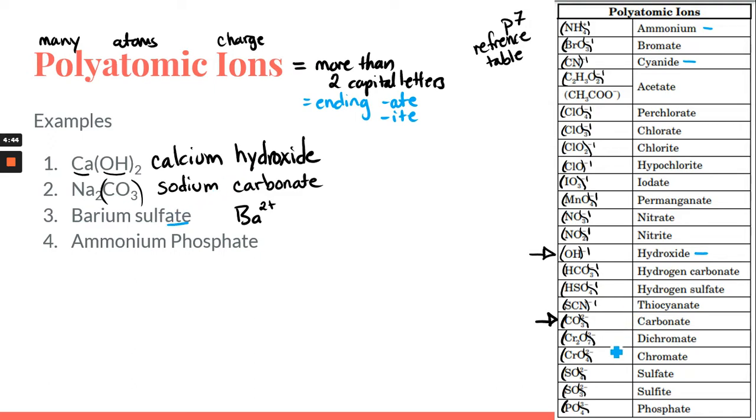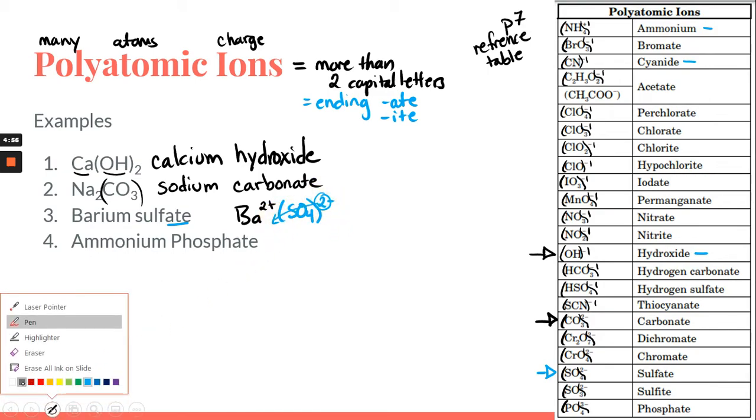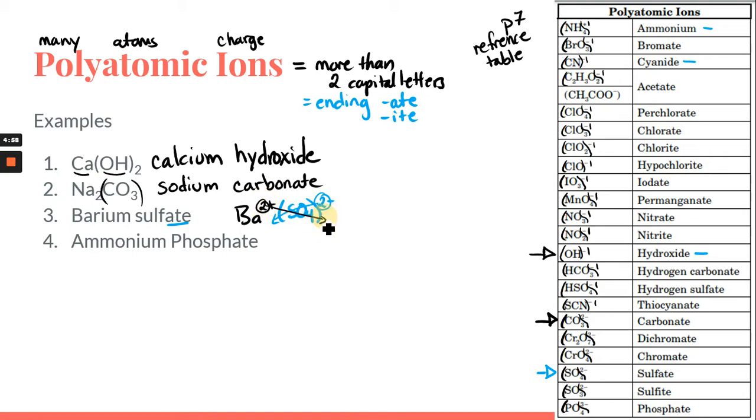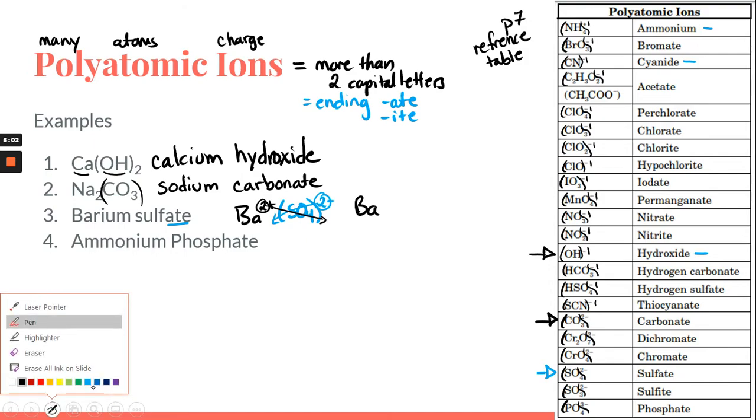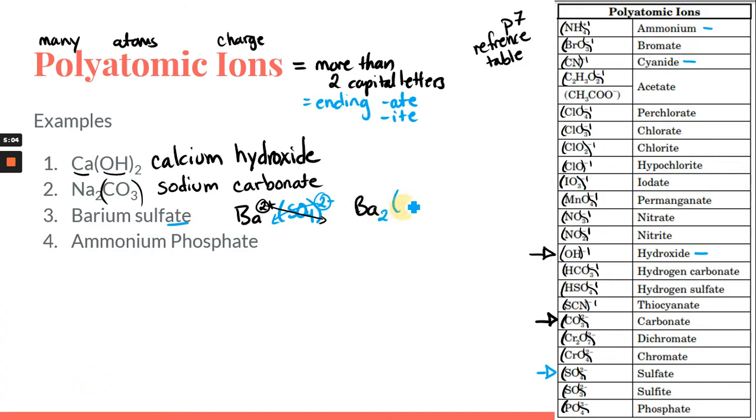So ate tells us it's sulfate, which is all the way down here towards the bottom. So SO4 in parentheses, the 2 minus on the outside. And then we're going to cross our charges. And so we have Ba2 SO4. Notice that the charge for barium is being crossed to the outside of the parentheses.